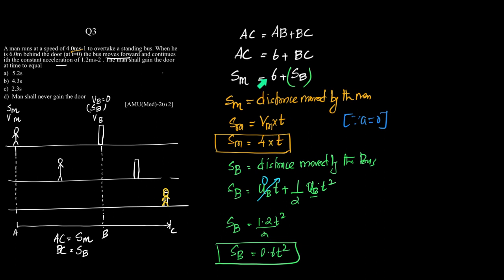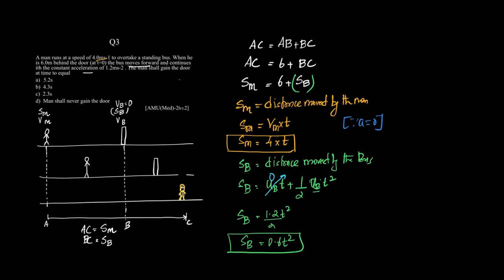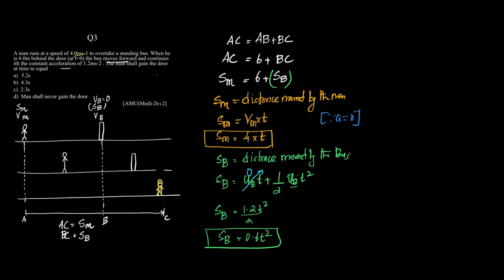So we have found out SM, we have found out SB. What can we do? We can substitute in this equation. I think it would be better if I write down this equation once again. So SM is equal to 6 plus SB.